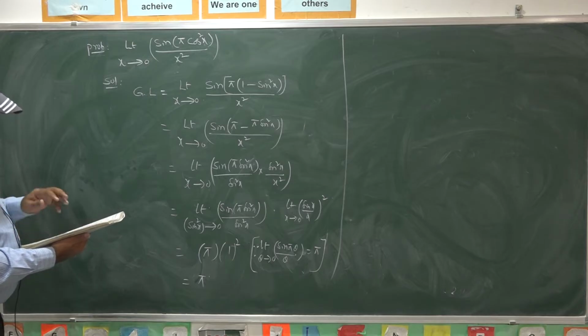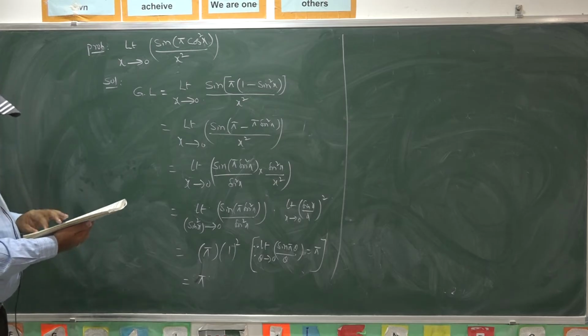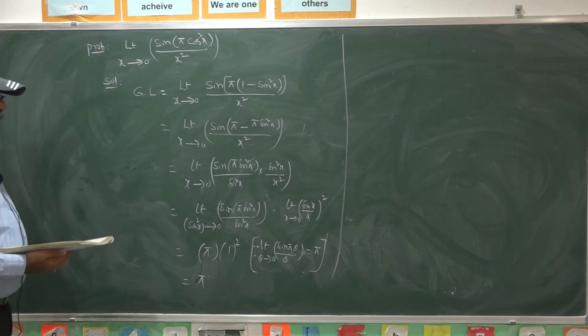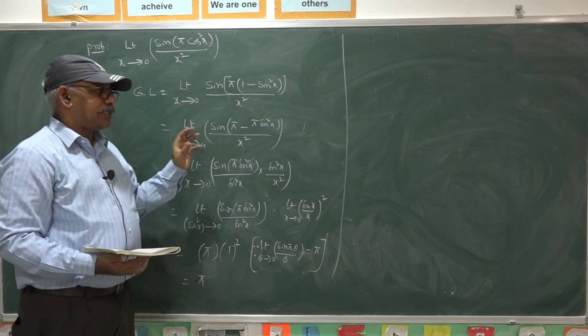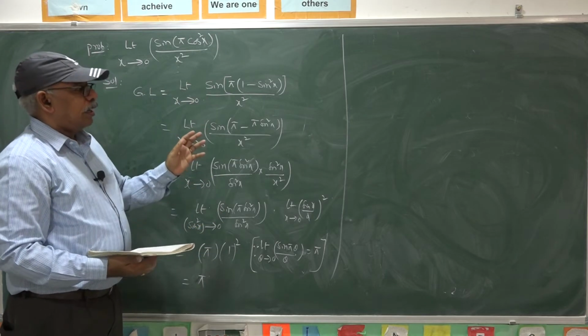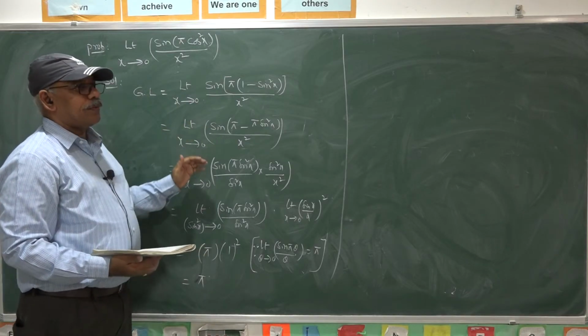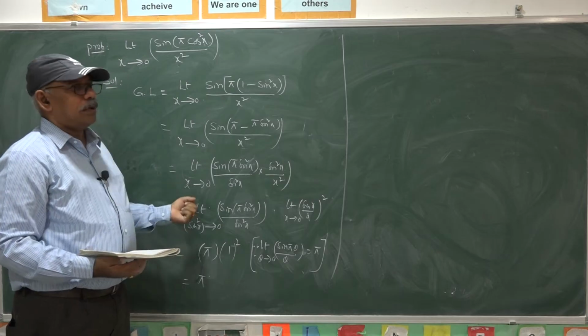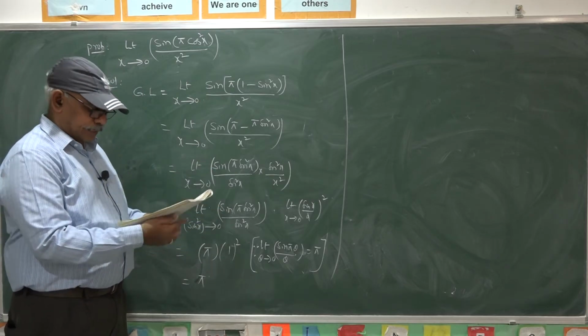Try to develop that thought process while dealing with limits. Everywhere we have to reduce the given limit to the known formula. That is the basic principle behind evaluation of the limit. Once you reduce the given function to the form of the known formula, then you can apply the limit and get the value of the limit.